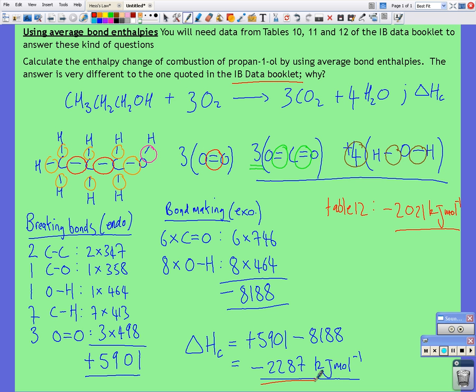Two reasons here. The first reason is that the bond enthalpies we've used are average bond enthalpies. Individual bonds in individual molecules have slightly different values. For instance, the carbon-hydrogen bond exists in hundreds of thousands of different molecules.